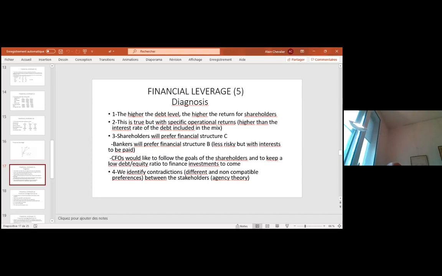So it's a great issue. You find also companies which are in a situation of portfolio of assets, of operations, which allow them to increase their debt equity ratio compared to other economic sectors.